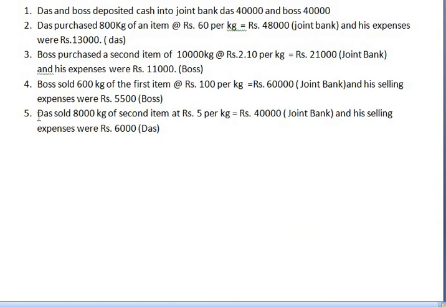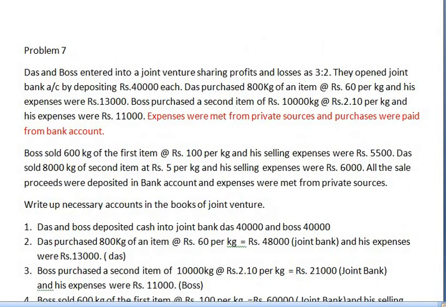Now the last transaction. Das sold 8,000 kg of second item at rupees 5 per kg. How much? Rupees 40,000. So here Das sold 40,000 worth of goods. So this is a sale and this will be an income. So income should be deposited into joint bank, because they only said all the sale proceeds were deposited into joint bank account.